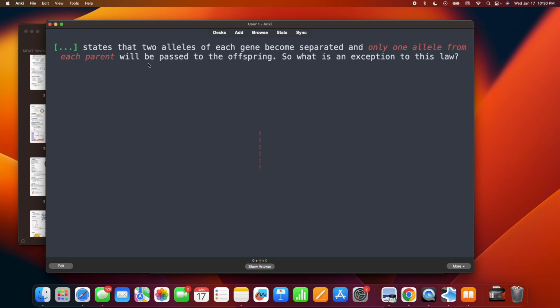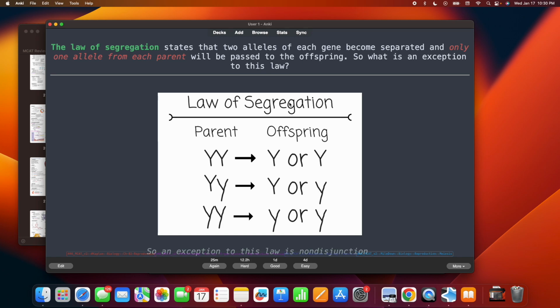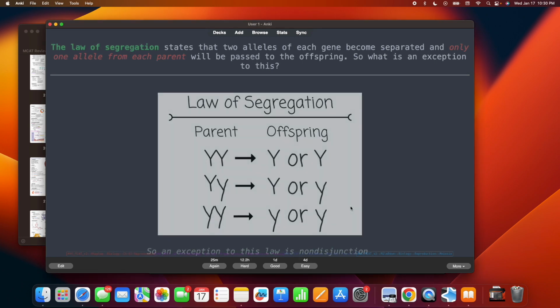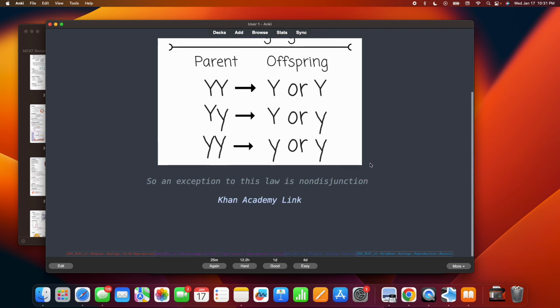So this is the law of segregation. An exception is non-disjunction. So law of segregation is basically only 1 allele from each parent passes on to the offspring.